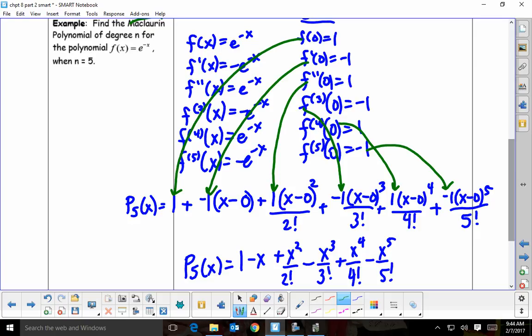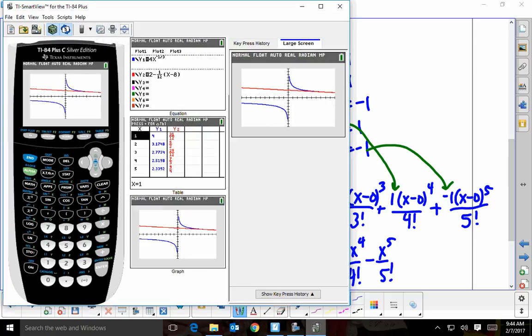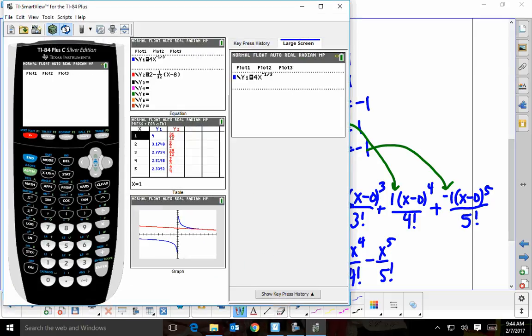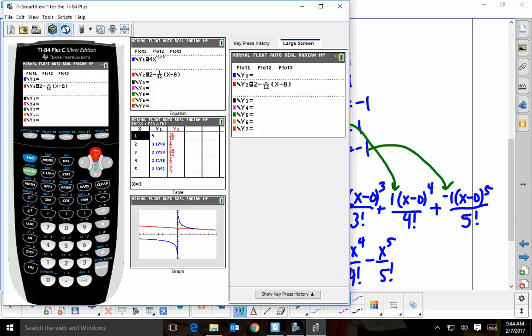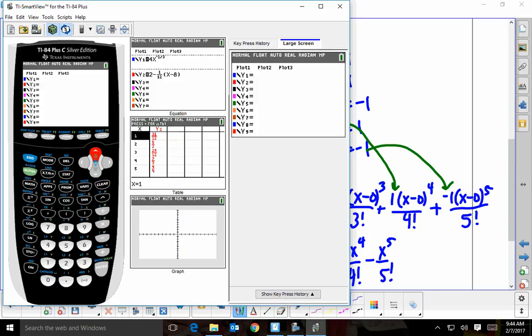Okay, so now let's go look. Let's see how we did. So we first had e to the negative x.